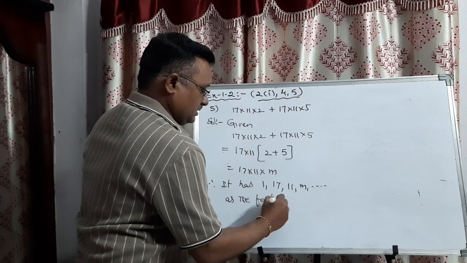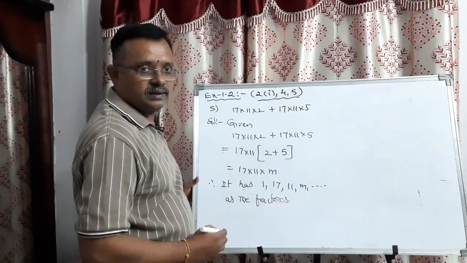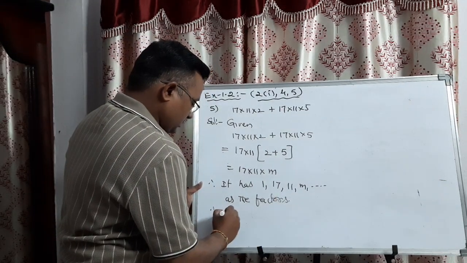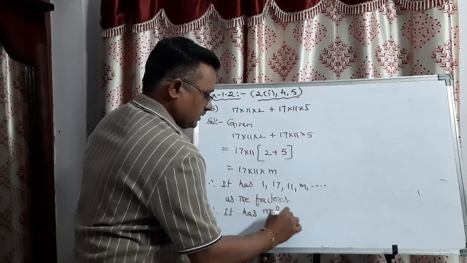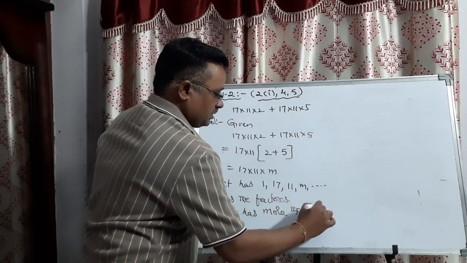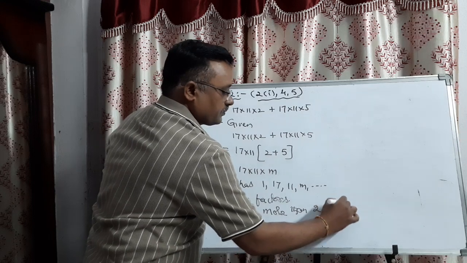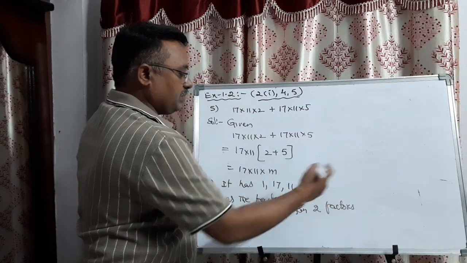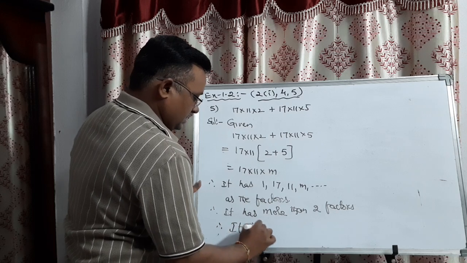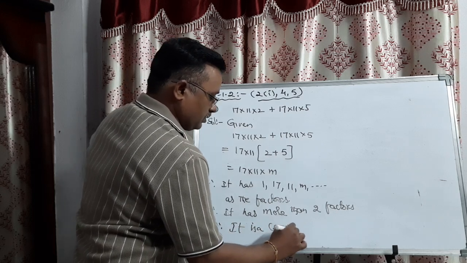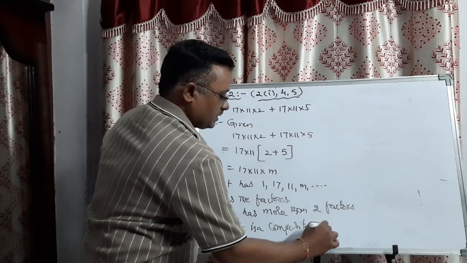Is that clear to you? Very simply. Therefore it has more than 2 factors. If a number has more than 2 factors, therefore it is a composite number.